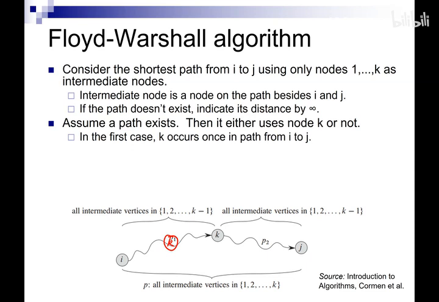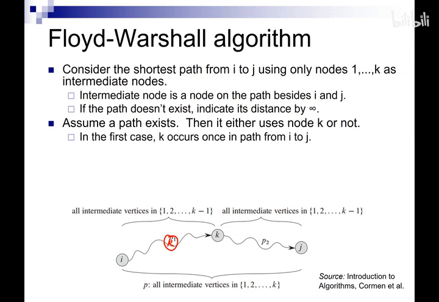So if you have another K in the middle, then here you're going from K to K. So this is actually a cycle from K to K, and the cycle we're assuming is going to have positive length.